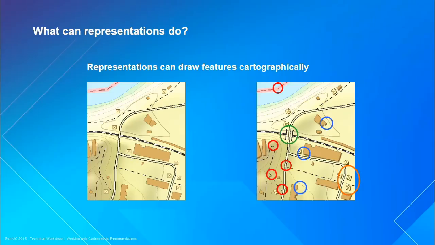They have different behaviors. I've highlighted a few things on the right that are different. So take a look at the red circles. You see some more cartographically pleasing dashing. So we use representations to control how dashes get phased. So we can ensure that at bends and joins and corners, we're on the dash part of the dash and not the space part of the dash. So we don't get ambiguous corners.